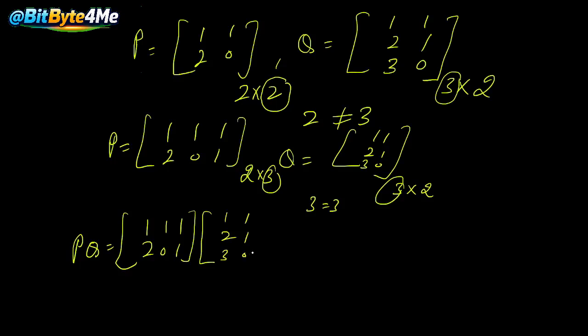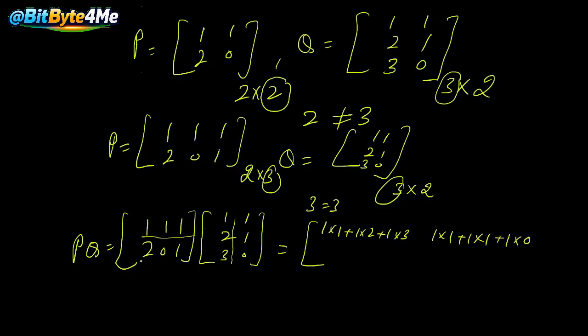So in PQ you will get [1 1 1; 2 0 1] times [1 1; 2 1; 3 0]. This is equal to: first row and first column, you have to multiply 1 into 1, then 1 into 2, then 1 into 3. Then first row and second column: 1 into 1, 1 into 1, then 1 into 0.